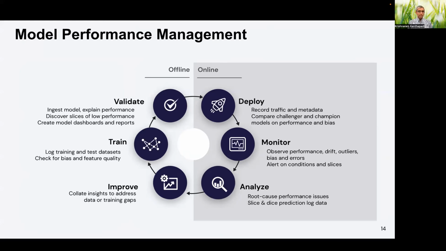During the offline stage, we may want to understand whether there are any gaps in the training data used to train the model, whether there are biases in the training data, whether there may be feature quality issues. Can we understand the behavior of the model as a whole? Can we construct model cards or data sheets associated with training data?